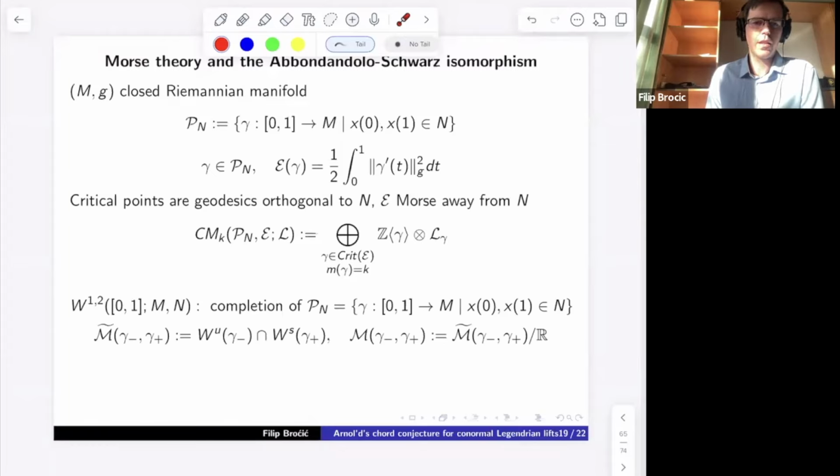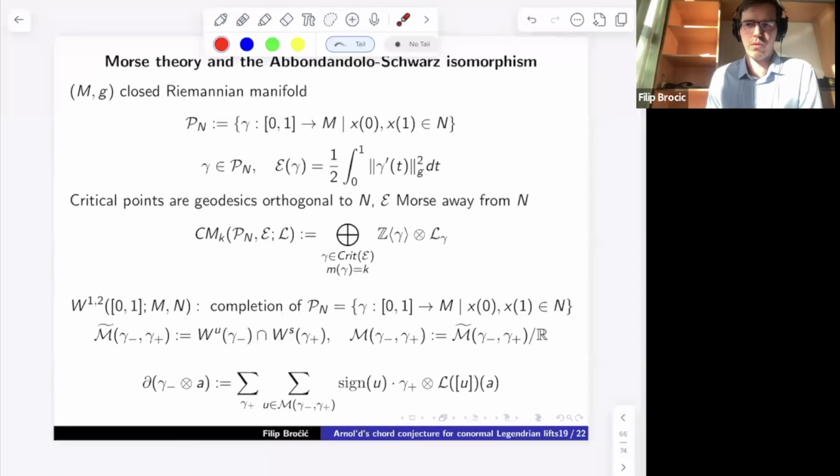But under these assumptions, we can consider the moduli space, which is essentially the intersection of the unstable manifold with the stable manifold, and we can count negative gradient trajectories up to translation and define the differential with the local systems in a similar fashion as we did in Floer theory. Again, because we have gradient trajectories, these canonically give us isomorphisms between the respective fibers of the local system.